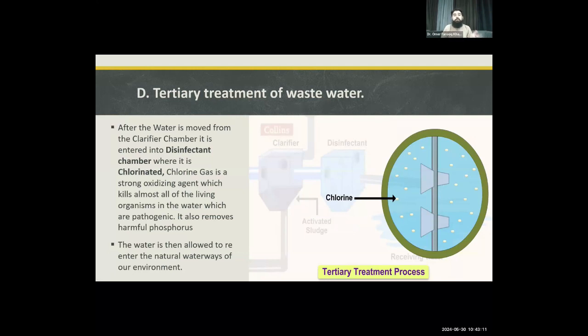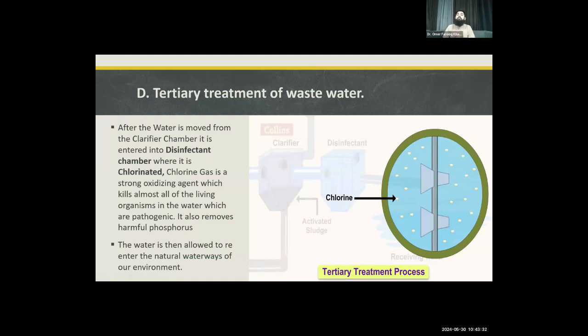Although we are getting clear water at the end of the clarifier chamber, we know that clear water is not healthy for intake by human beings or animals because it is full of pathogenic bacteria. It is full of pathogenic microorganisms.